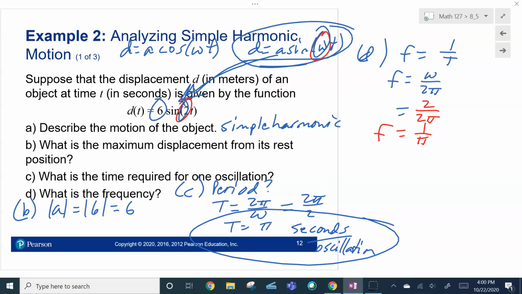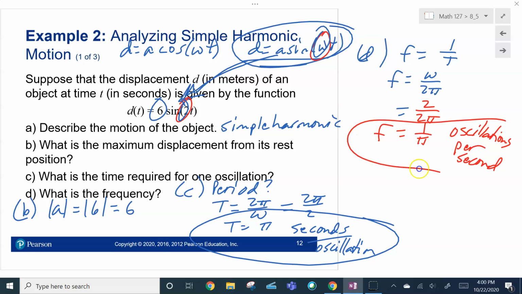That's our frequency, in oscillations per second. So 1 over pi is about 0.32 oscillations per second. It's 0.32 oscillations for every second. That's what our frequency is informing us about.